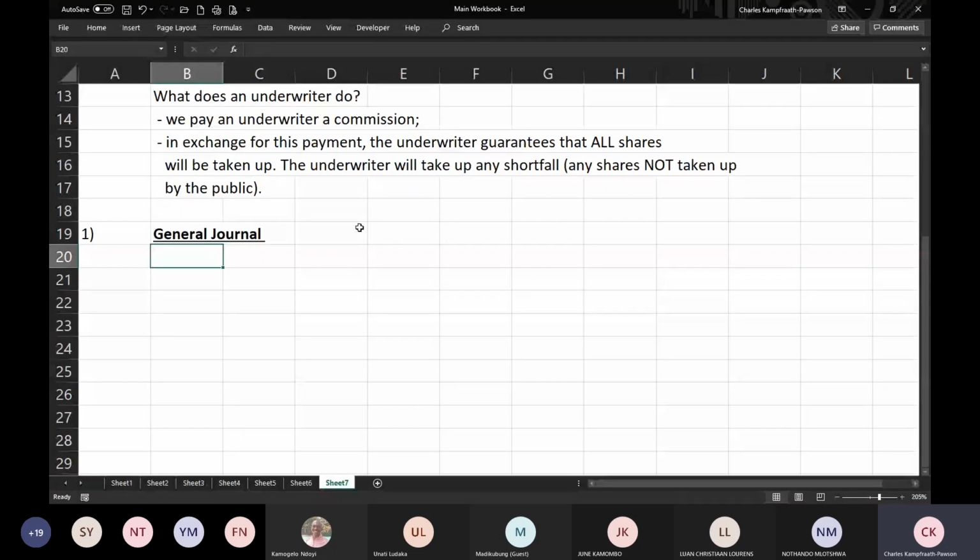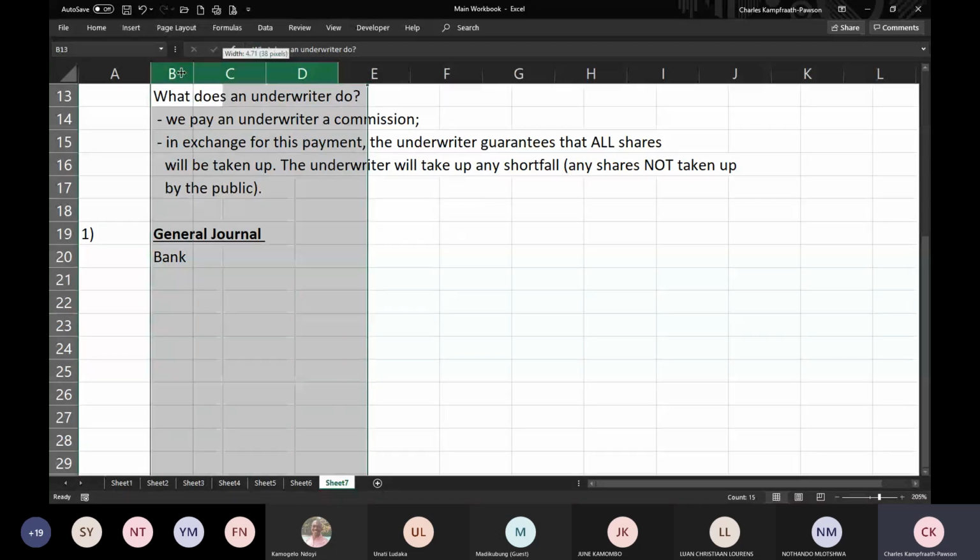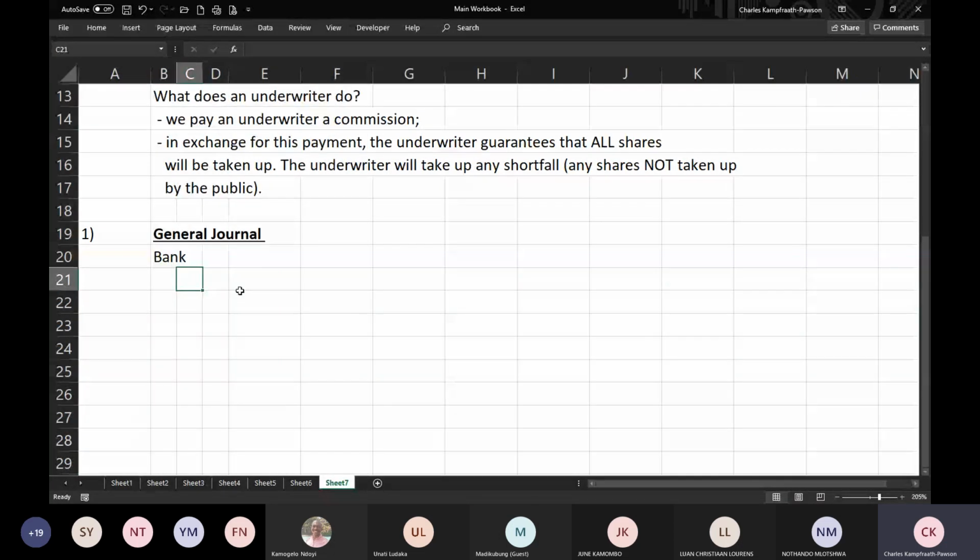Let's do that. So first, when you issue shares, you get the application. So you will say, I received in bank a specific value of money, the 100,000 in this case. But we don't take that to the share capital account immediately, because we first want to see how many shares were applied for. So we will say application and allotment account.